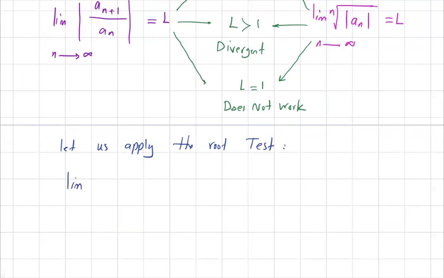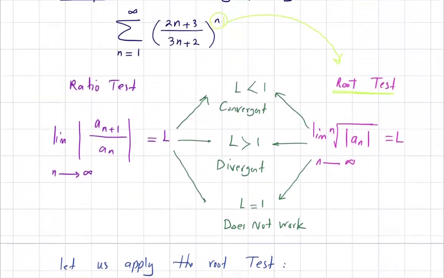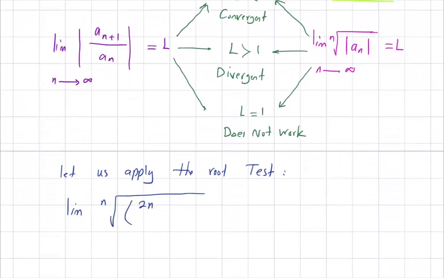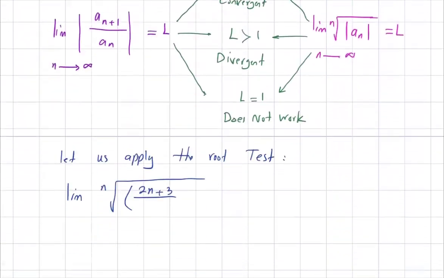We find the limit of the nth root of, here you have, let's go back up, (2n + 3) divided by, on the denominator we have 3n + 2, to the power n, as n goes to infinity.